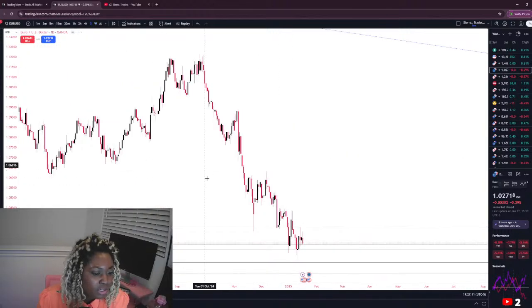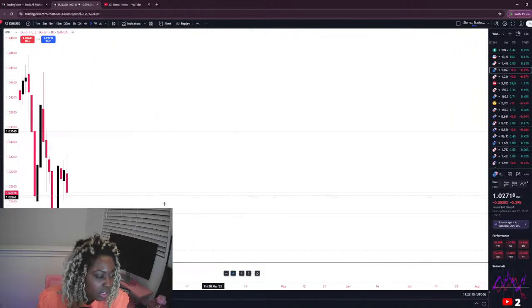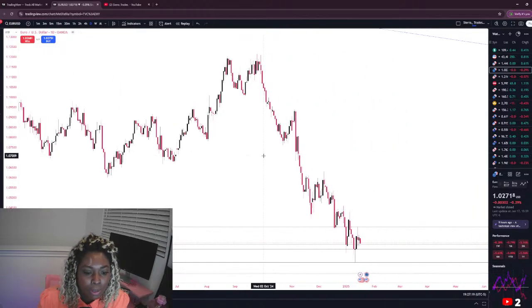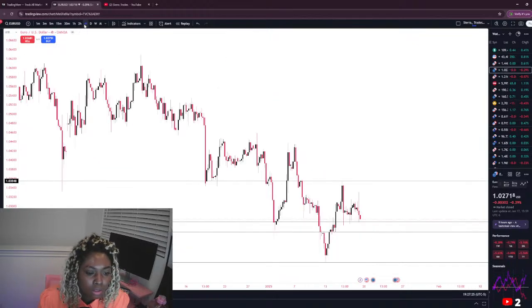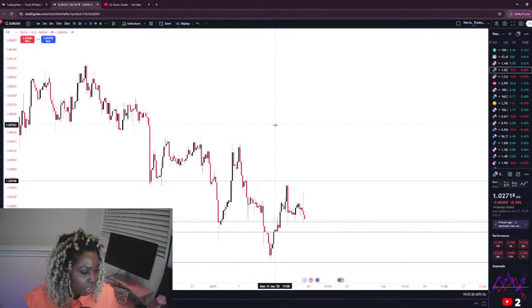All right, so let's see on this daily. There's nothing else that I really want to mark up on here. We know this is in a downtrend. It's just making lower lows and lower lows. So we have a fair value gap down here that price could potentially buy from.